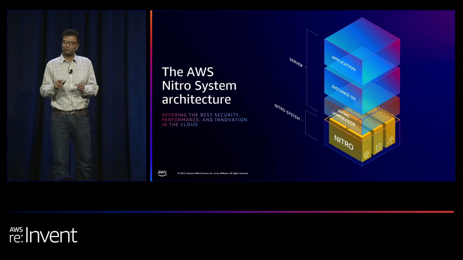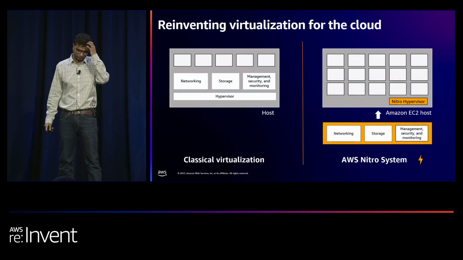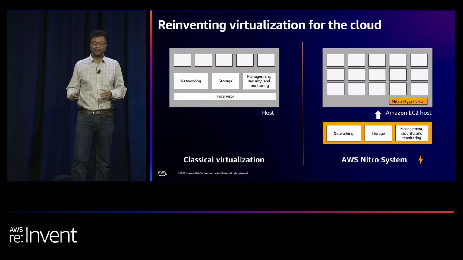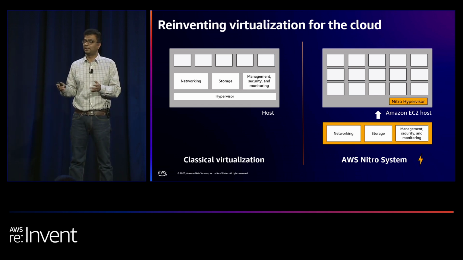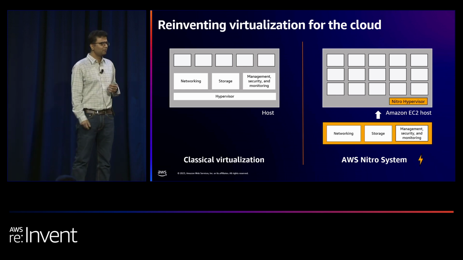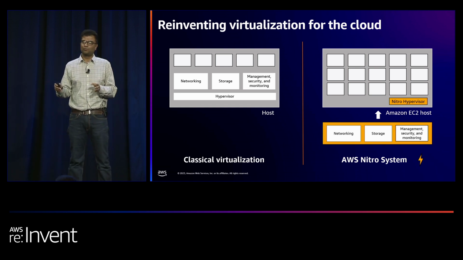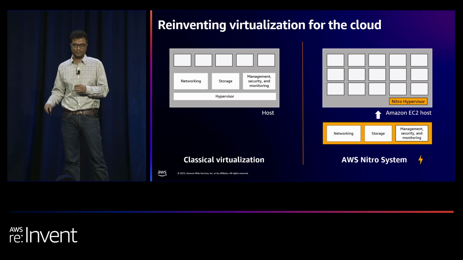But before I dive into each of those components of the Nitro System, let's take a look at the motivation behind creating it. When AWS first started, we used state-of-the-art hardware and software at that time to architect the cloud, very similar to the on-premises data centers that we have. But one problem that we encountered was that the system hypervisor was consuming too many compute resources, including vCPU and memory.